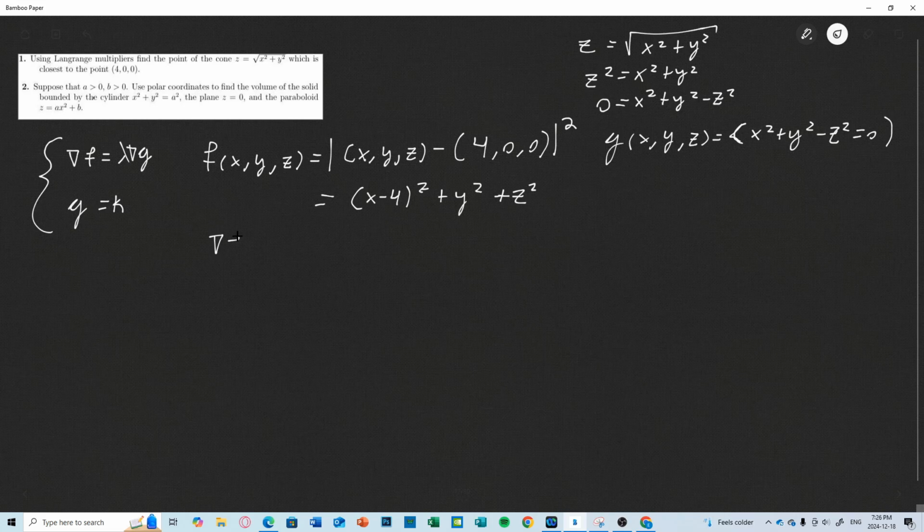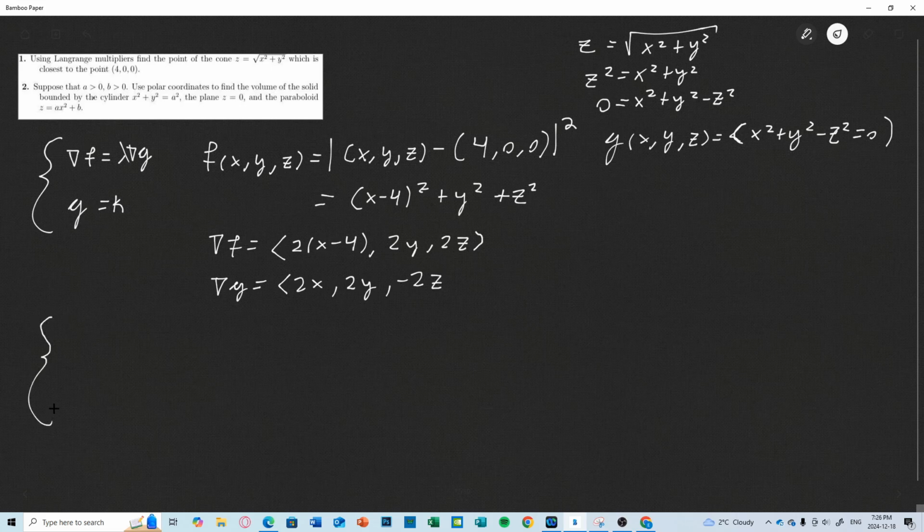When we find our gradient of f, it is going to be equal to the partial of x, partial of y, partial of z, which will be 2x minus 4, 2y, and 2z. And then our gradient of g is going to be 2x, 2y, and then negative 2z.